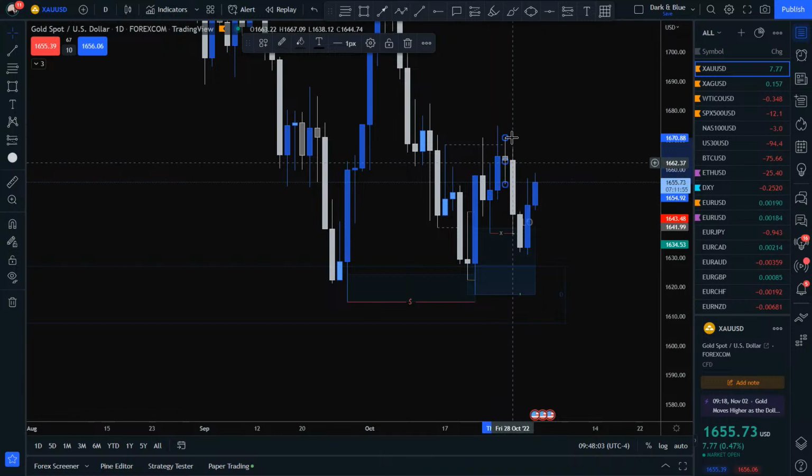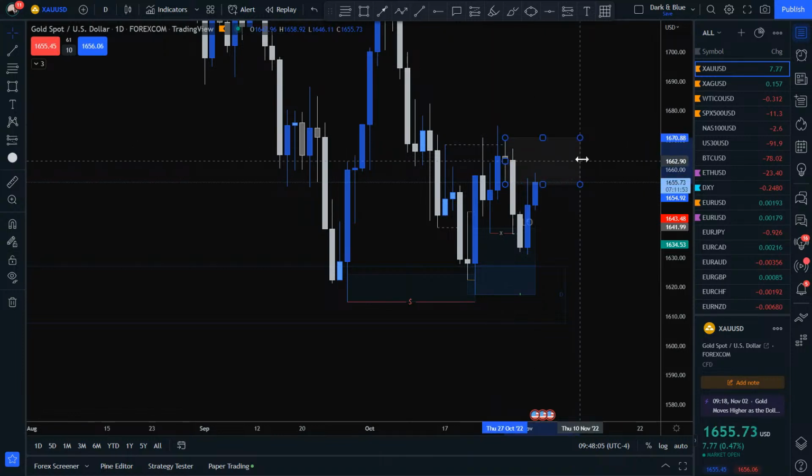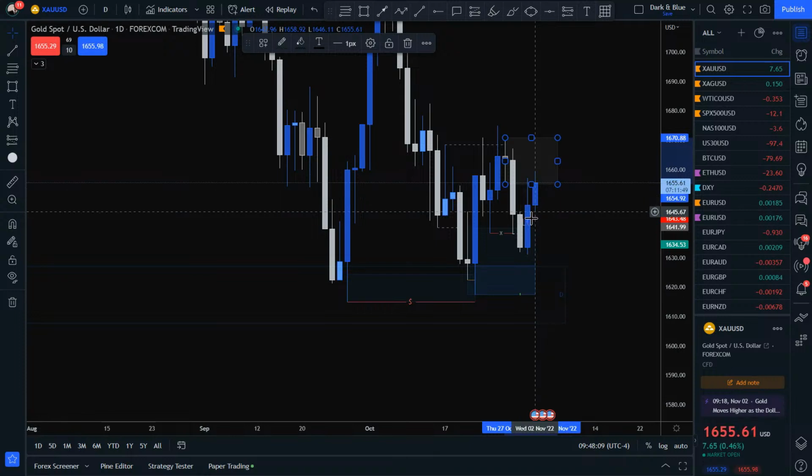I'm going to mark this off. This is daily. On a daily, we have 2 days of bullishness. This day, we have 7 hours before it's complete, but this looks to be pretty bullish.